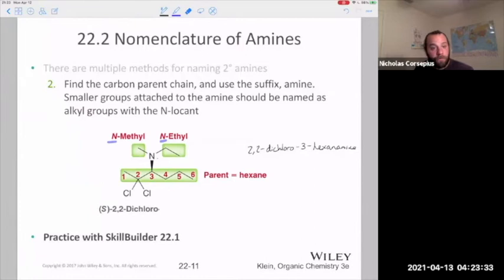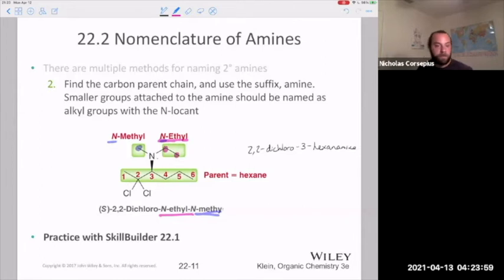Now I'm going to account for those alkyl groups on the nitrogen. N-ethyl, N-methyl, right? Here is my N-methyl group. Here is my N-ethyl group. If it was on a carbon, they would get a number, but it's not on a carbon, it's on a nitrogen, so you're just going to put that.